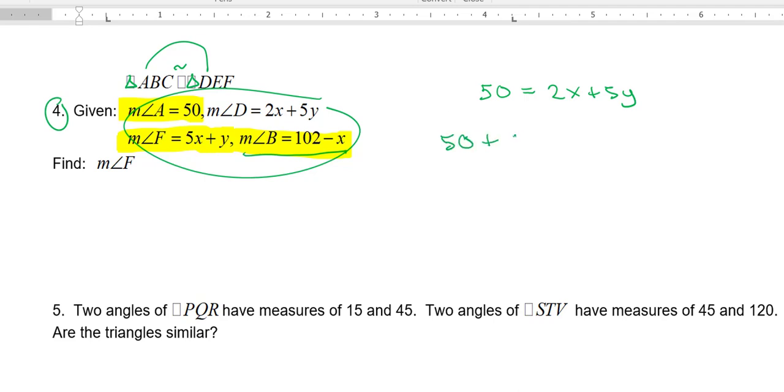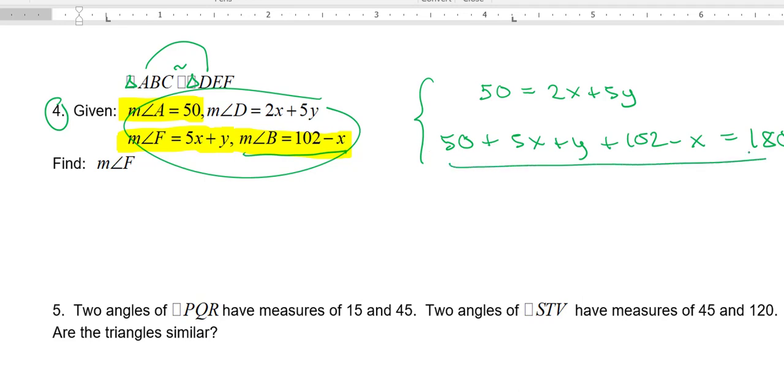So 50 plus 5x plus y plus 102 minus x should be equal to 180 degrees. There's my two equations. Solve the system. I think you can simplify this second part to something nice and easy like x plus y equals 13. Solve the system. You end up getting an angle F there equal to 33. Okay, so go ahead and try that on your own.